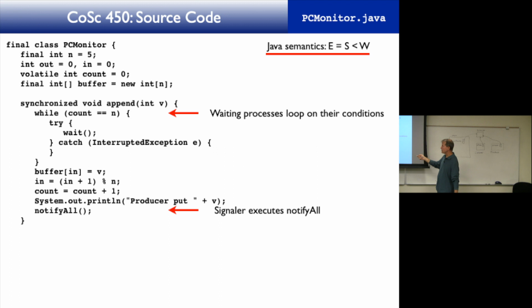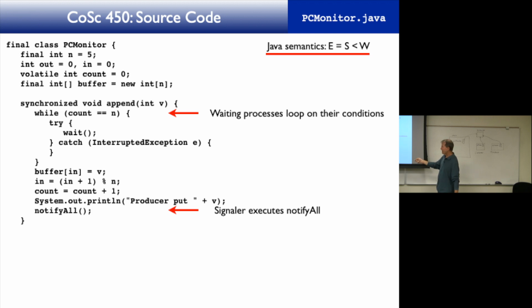So you have to say while count equals N, try, and then wait. And so the waiting processes have to loop. So this is not an if statement, this is a while statement. So it's while count equals N, try, wait.